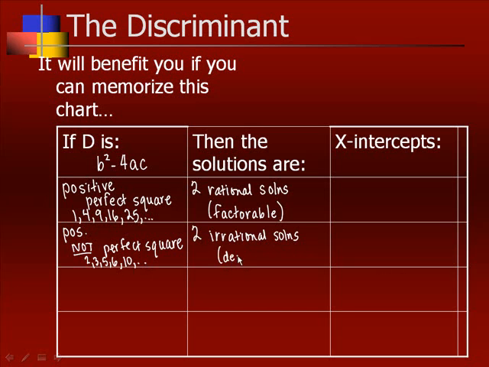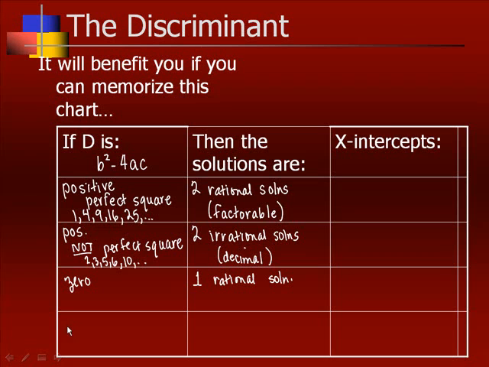Which in this case, they're probably going to ask you to put your answers in decimal forms. The third option is, what if D is 0? Well, then what you're going to have is 1 rational solution. That was like the one we did earlier where we got 4, but we got 4 that occurred twice.